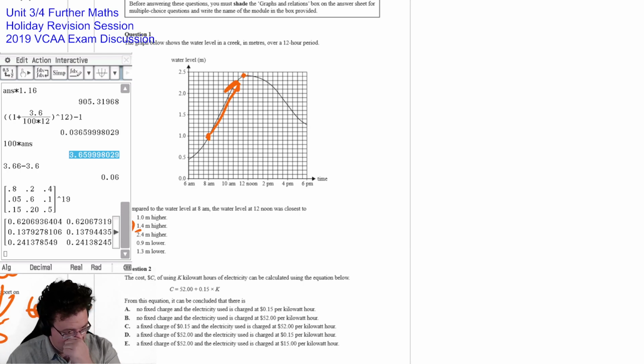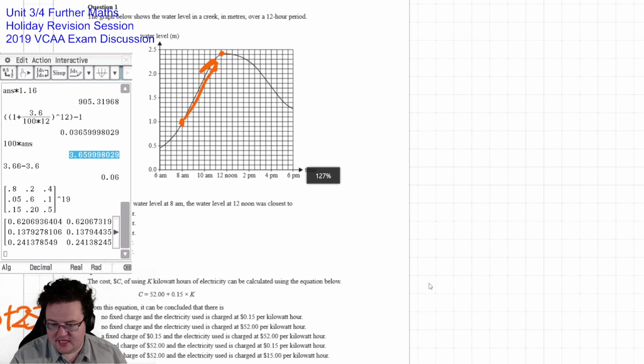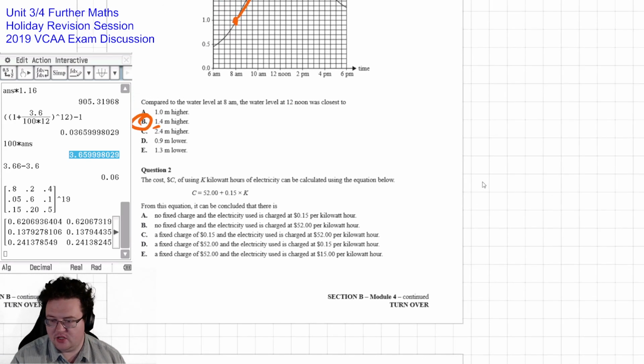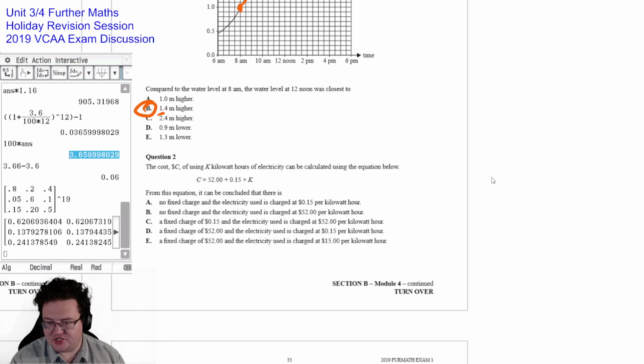1.4. That's the closest answer. The cost C of using K kilowatt hours of electricity is calculated by the equation below. From this equation, 52 plus 0.15 times K, how do we describe that?